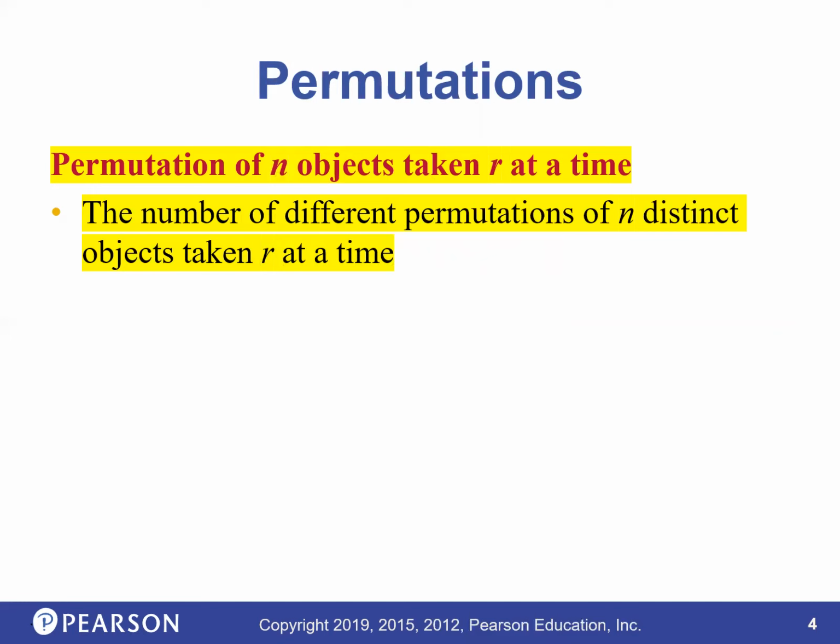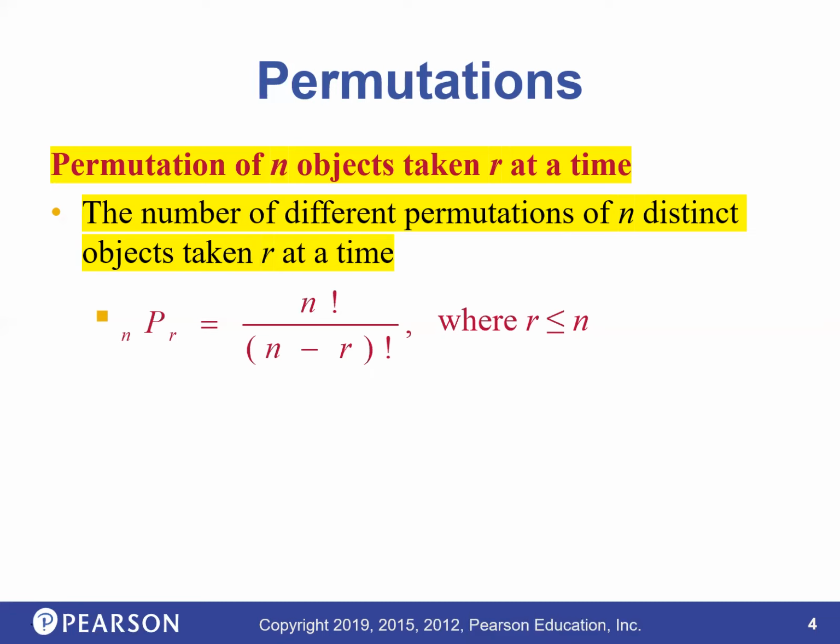There's an equation. You have a small n, a capital P for permutation, a small r, equals, and hey, there's our factorial again. On top it's n factorial, the number of objects we have.